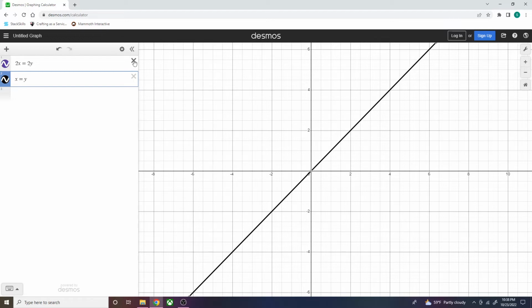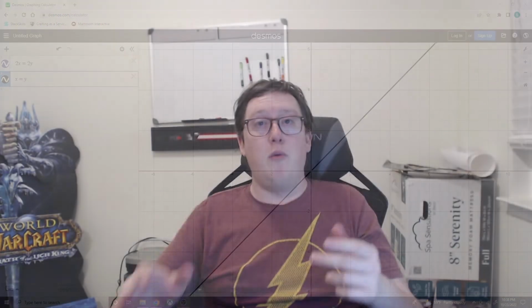Okay? Now, what happens if they're not equivalent? Right, so you see how those equations are the same, right? It's exactly the same. If you divide 2x equals 2y by 2, you get x equals y. And as a result, those lines are exactly alike. It's still just a 45-degree angle up and to the right. No big deal. Exactly the same.